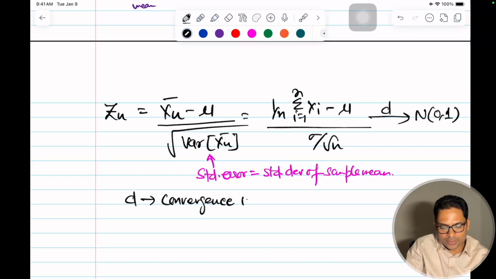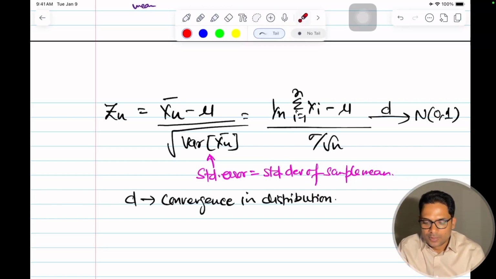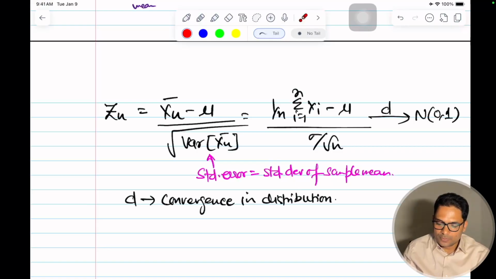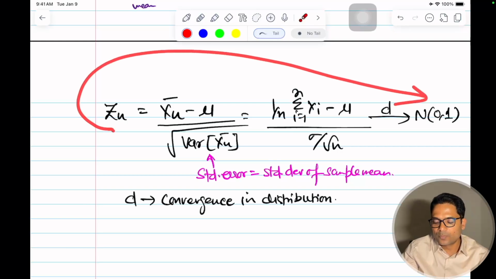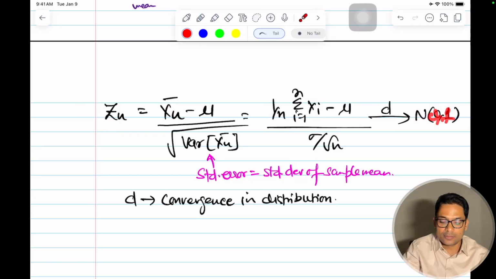We discussed convergence in probability in the previous video also. I'll put the link in the description. Convergence in distribution is another type of convergence. So this d means that after standardizing, this will converge in distribution to a normal or Gaussian distribution with mean 0 and variance 1.